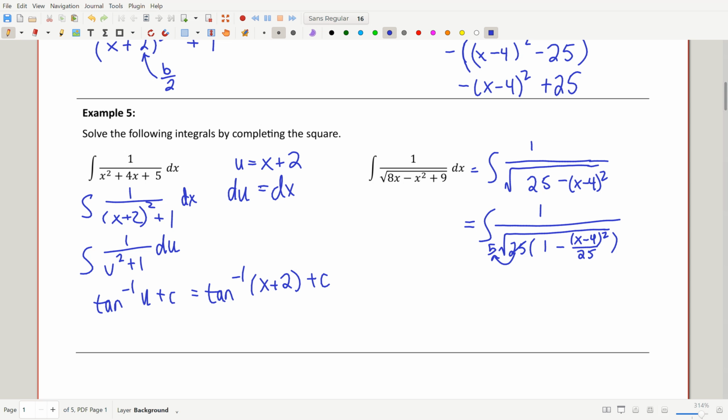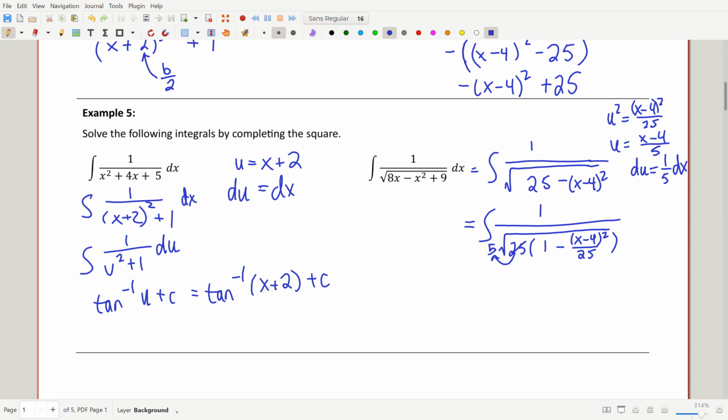So u squared equals x minus 4 squared over 25, which makes our u equal to x minus 4 over 5. And that makes our du equal to 1/5 dx. And just like above, this is a feature of arcsine. It's just the way it's going to generally work out.